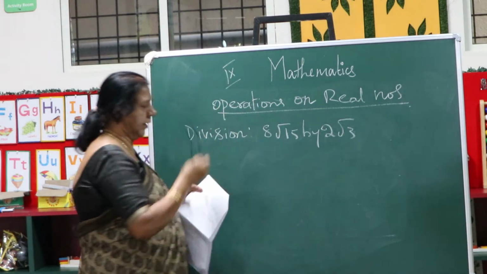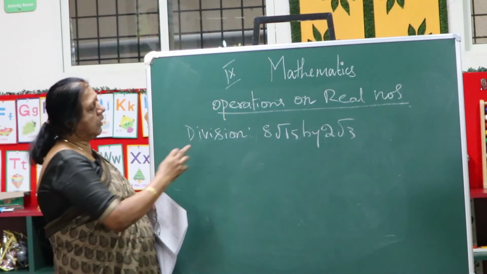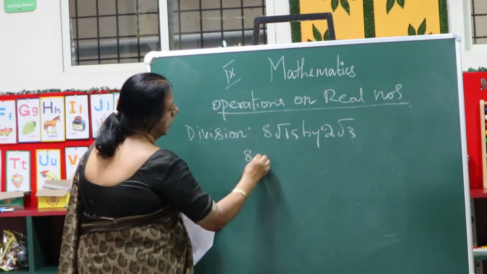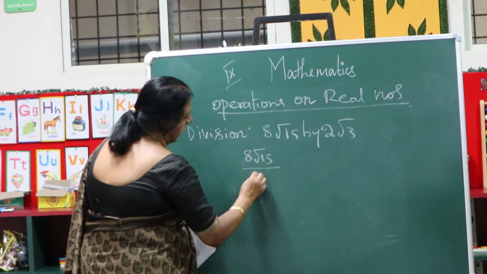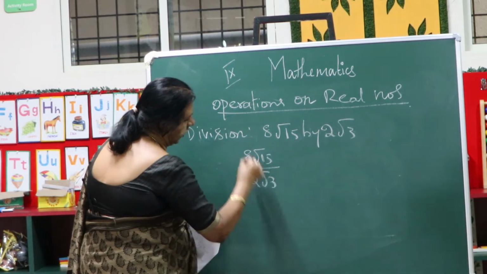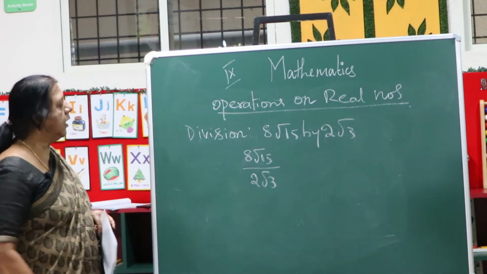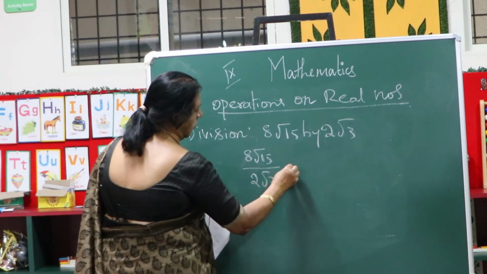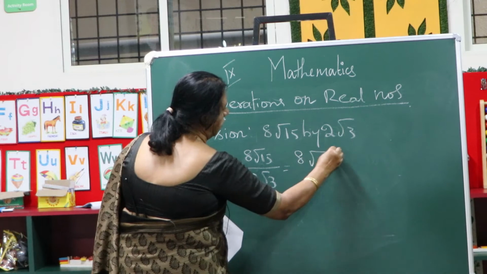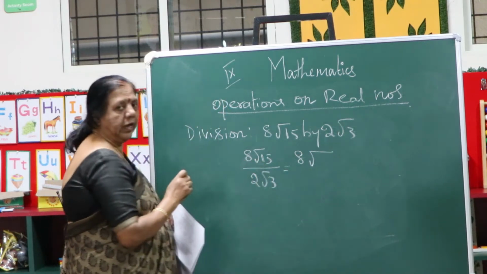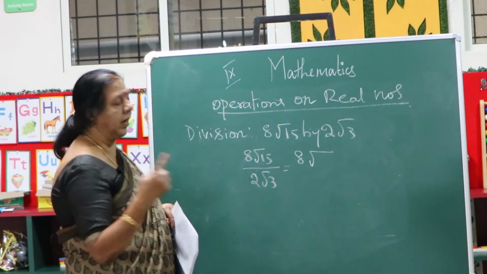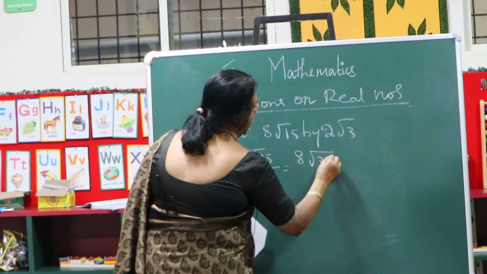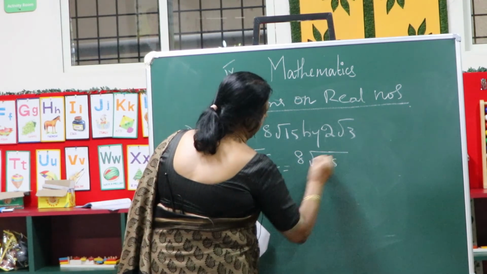How to divide it? Division means you have to write it as 8 root 15 divided by 2 root 3. Correct? Now you find out the factors. Inside the root, what are the factors of 15? 3 and 5, so 3 into 5 is 15.